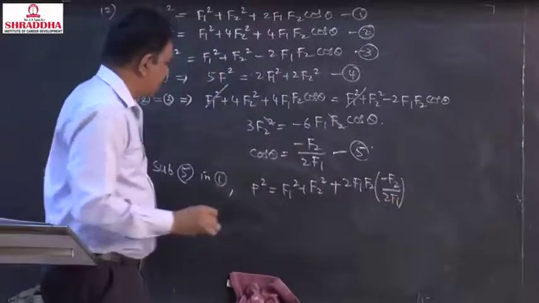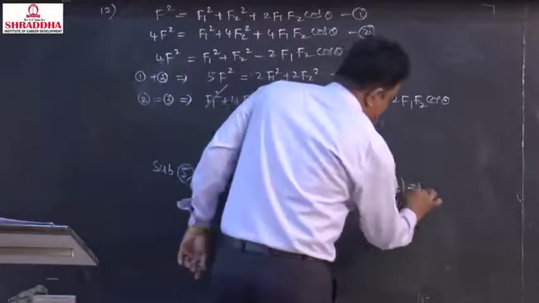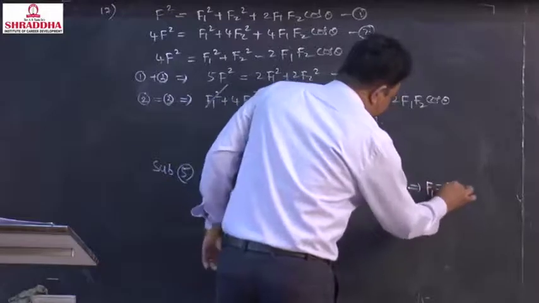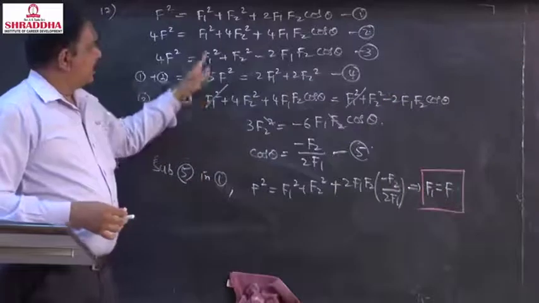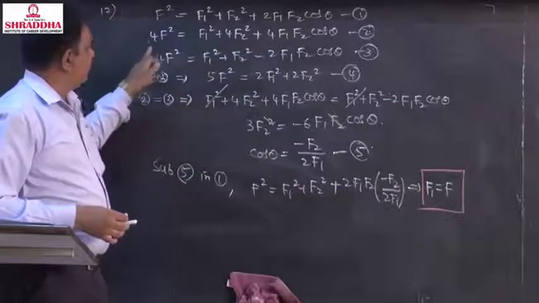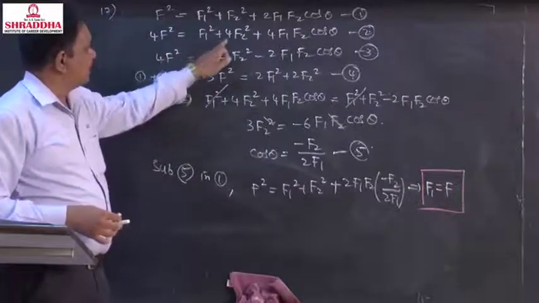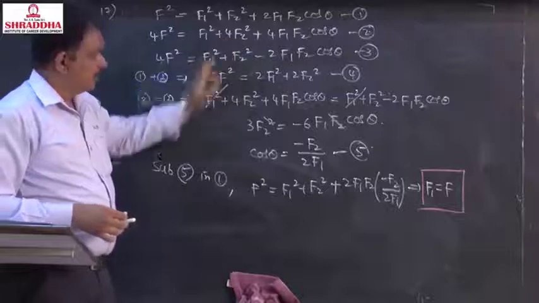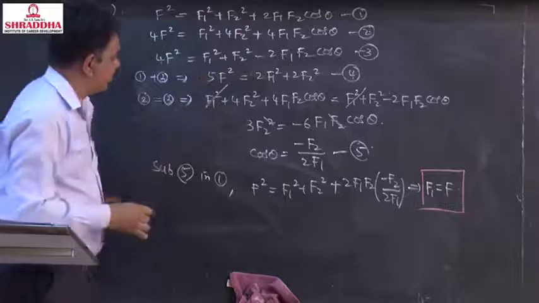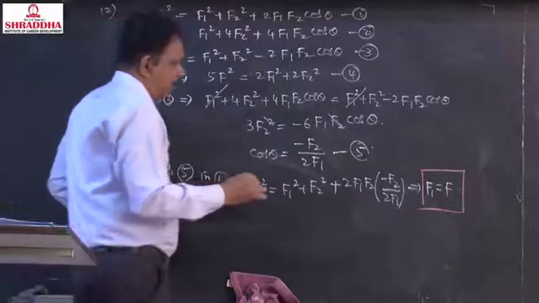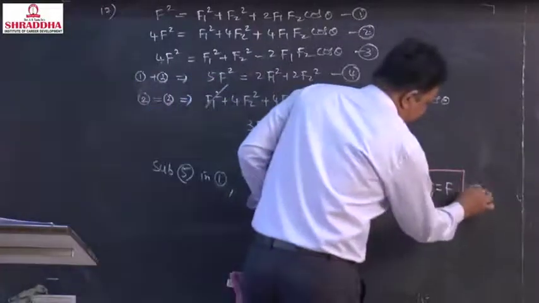From this we got F1 is equal to F. Okay. Next, F1 is equal to F, we are substituting in equation 2, or we can substitute in this 4. Let it be equation number 6.